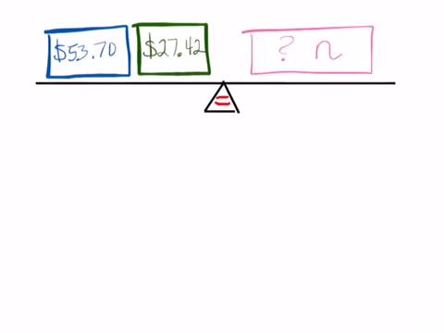So I'm just going to go ahead and solve this in the traditional algorithm. It looks like that'll probably be the fastest way to do this. So you can set up your traditional algorithm as well. So we have $53.70, plus 27.42.